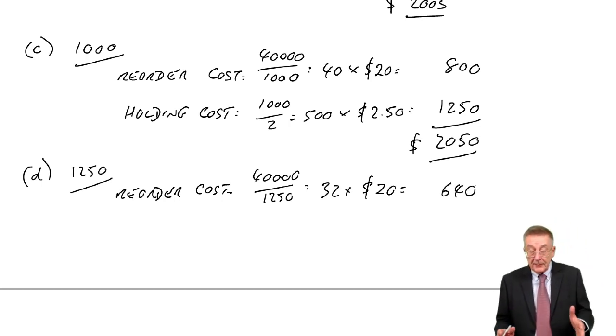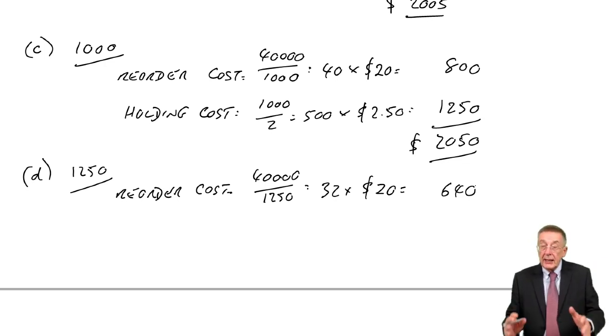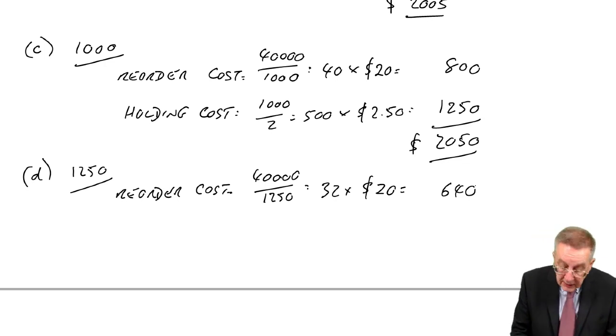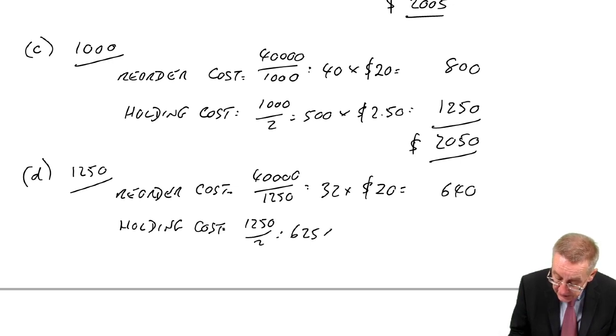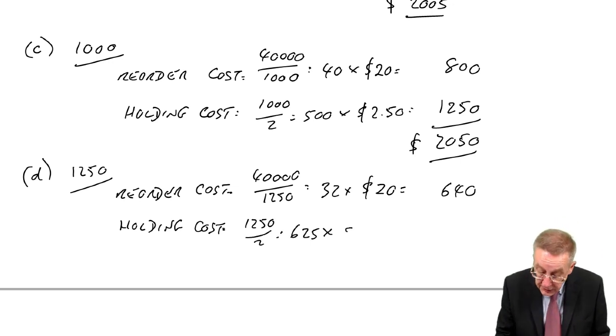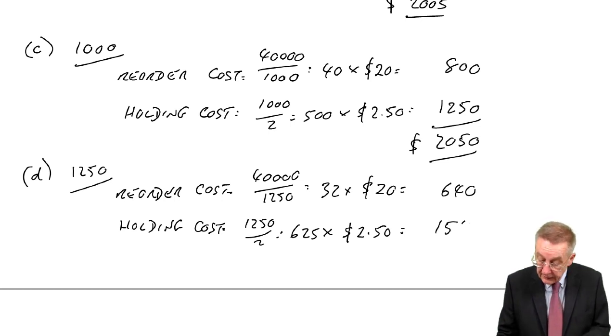So I keep saying, but with bigger order quantities, the order cost over the year keeps falling. But of course, the holding cost will increase because the average inventory is now 625 units. And at $2.50 per unit per year, $1,563, the total $2,203.